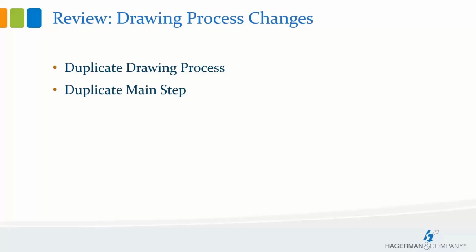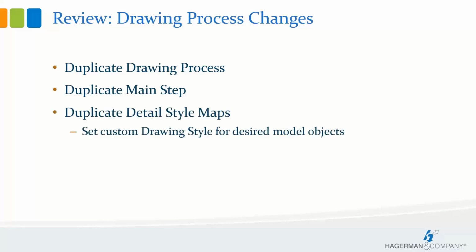From there, we mapped in our new drawing style, which is done under the detail style map. So just remember, for each level that you're at, you want to duplicate that before you make any changes underneath it.